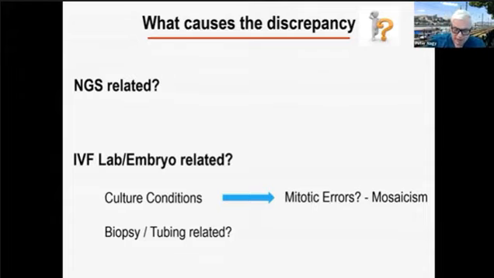And of course, also some of the procedures that we do in the lab, like biopsy or tubing, can also determine that. And actually, that was the main focus of this webinar. Those 2 points will be discussed in the next 2 presentations, which is, I think, extremely important, that we try to have more understanding and try to do our best.